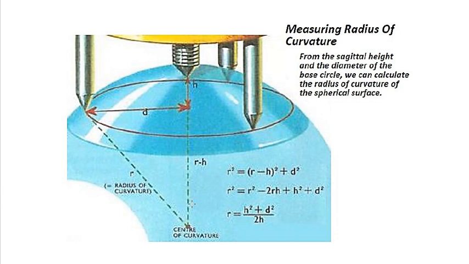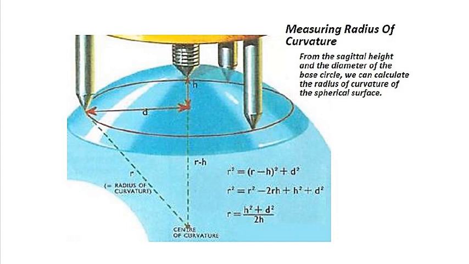Here is the center of your curvature, so from the center all the way to the surface of your curve is going to be your r, the radius of your curvature. Since the tip is right here, it's a little bit difficult to see it in a 3D kind of drawing.